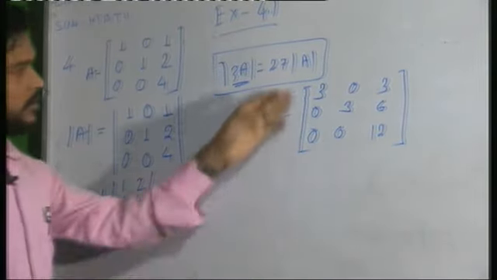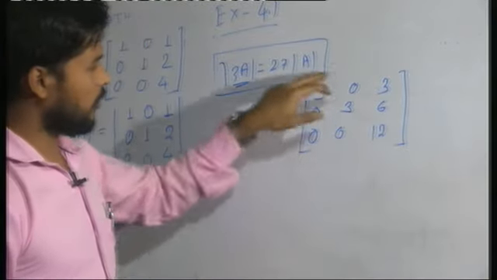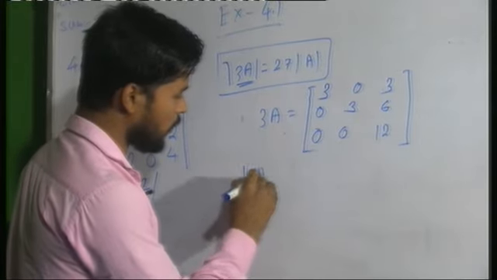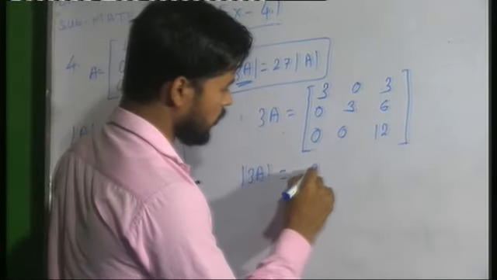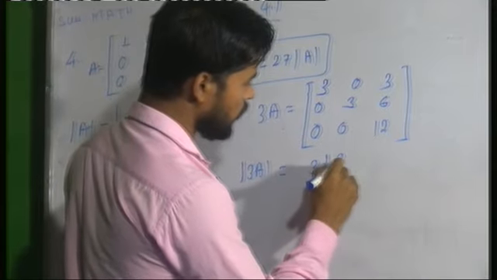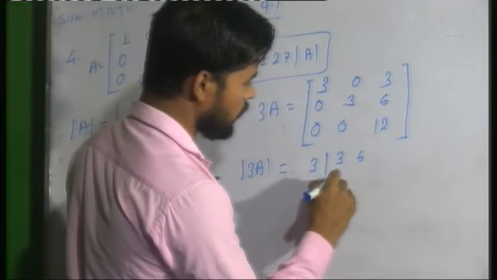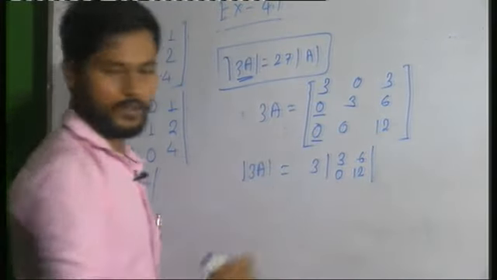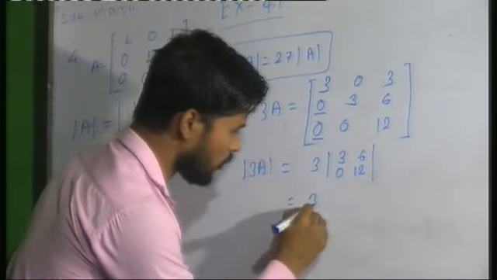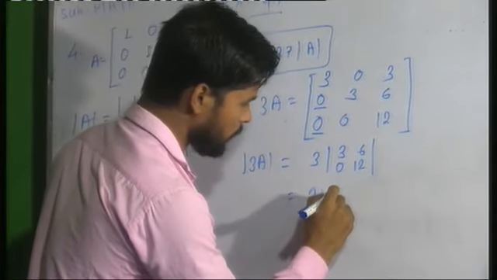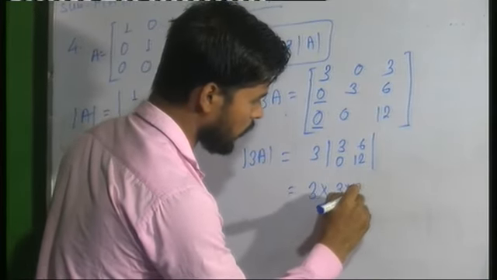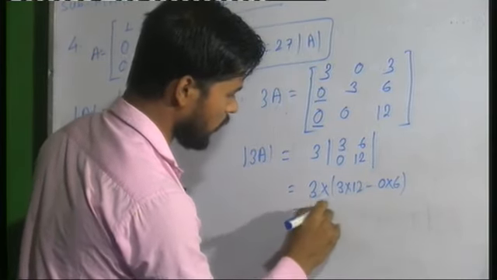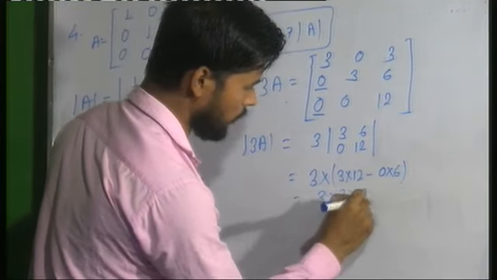Now if I expand the determinant along the first column, the determinant of 3A is equal to 3 into the determinant of 3 6, 0 12, and the remaining two terms will be 0 because both are 0. So that is equal to 3 into (3 into 12 minus 0 into 6), that is 3 into 3 into 12.